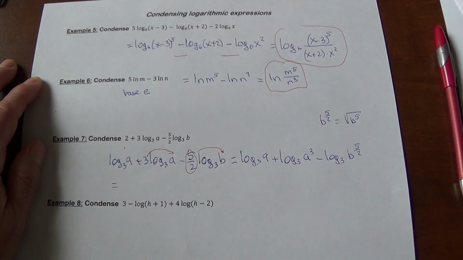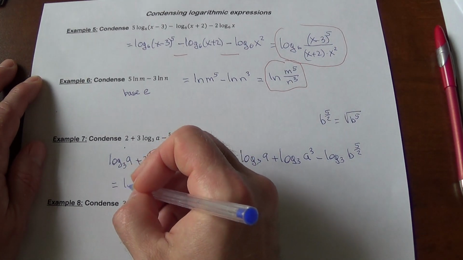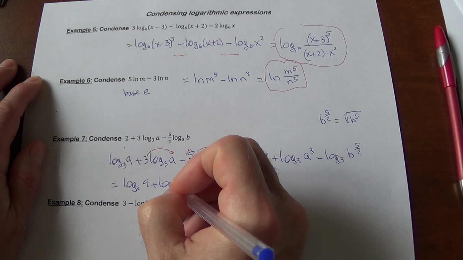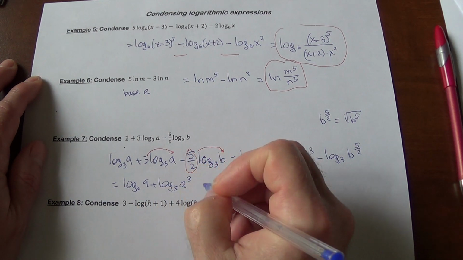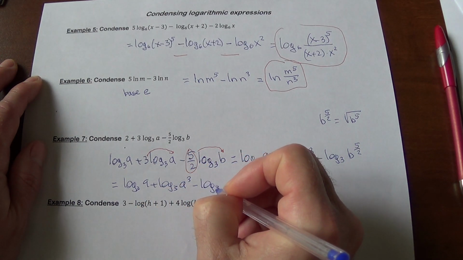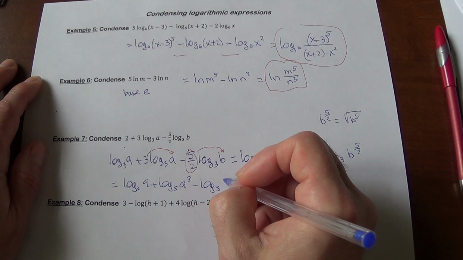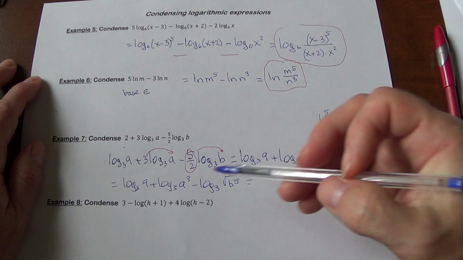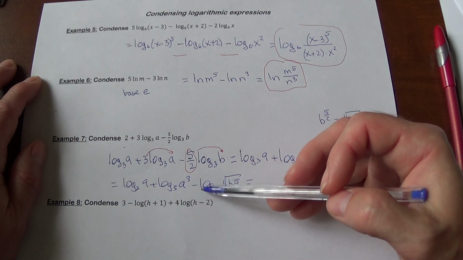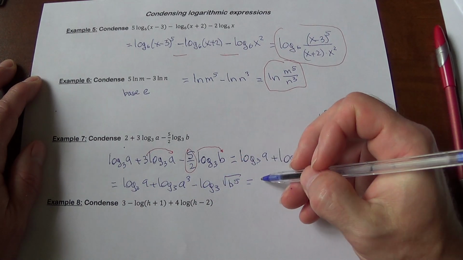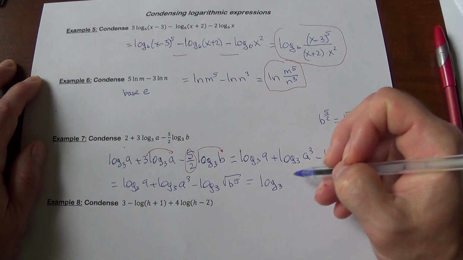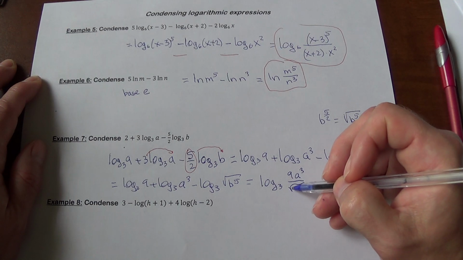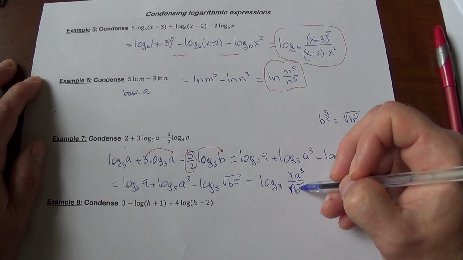So we're going to get log base 3 of 9 plus log base 3 of a cubed minus log base 3 of the square root of b to the 5th. And now we can combine: a sum, you multiply; a difference, you divide. So it's going to be log base 3 of 9a cubed over the square root of b to the 5th.